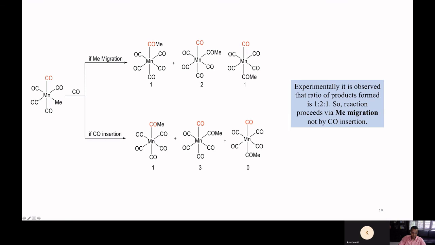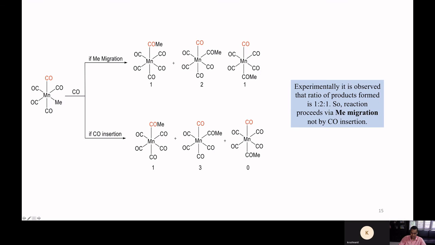Two equivalent is possible, because it can come over here or it can come over there. So these two positions will give you two equivalents of this. And if methyl is transferring over there, that's only one position, one equivalent of this could be forming. This COMe and this COMe are different, because opposite to this COMe only unlabeled CO is there, but opposite to this COMe labeled CO is there.